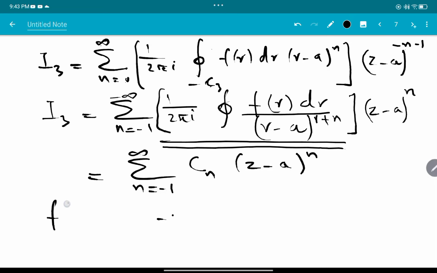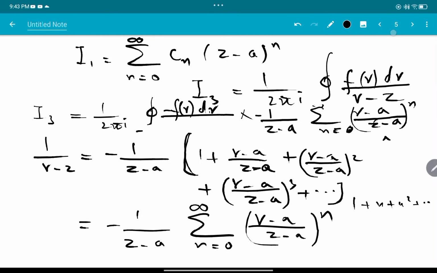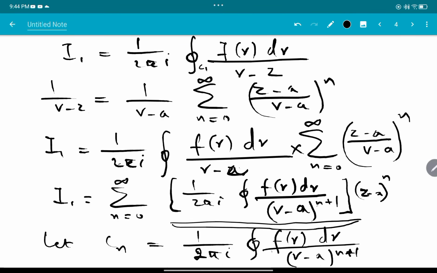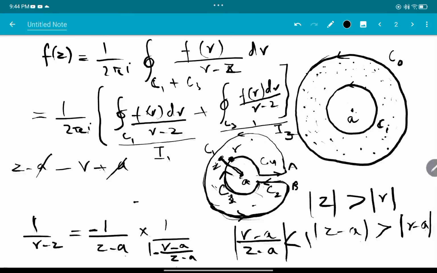Then f(z) will be equal to, let us go back to that. Where did we start? F(z) is equal to this integral plus this integral. Both the values you have now calculated, then we will substitute them here. This is simply I1 plus I3.